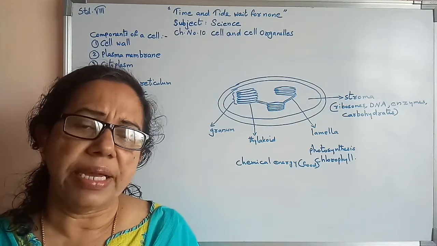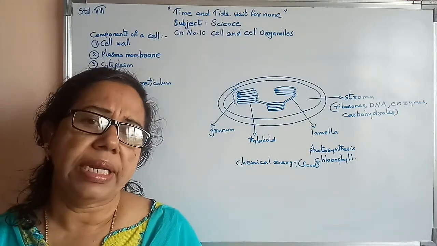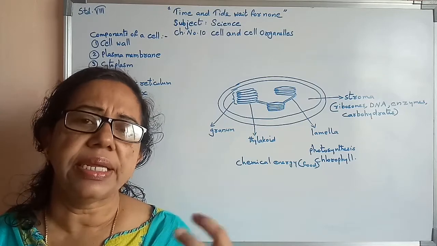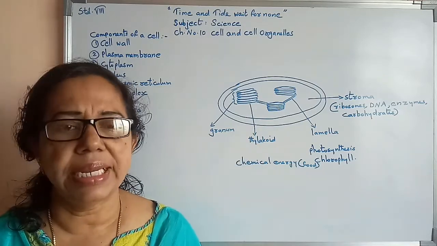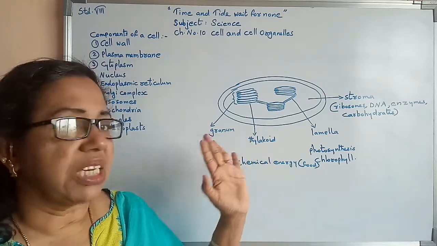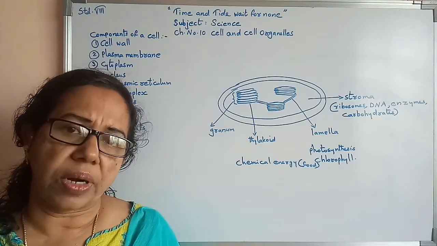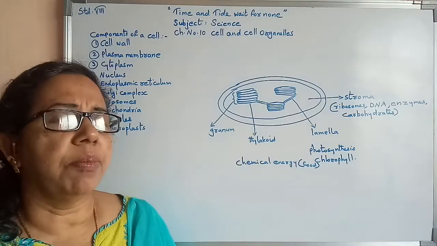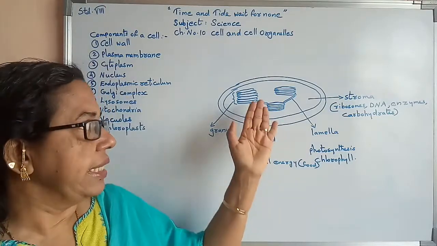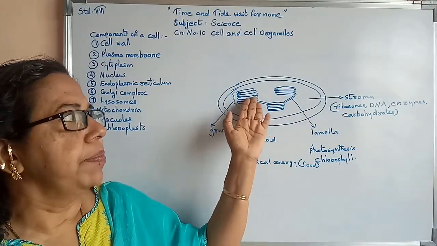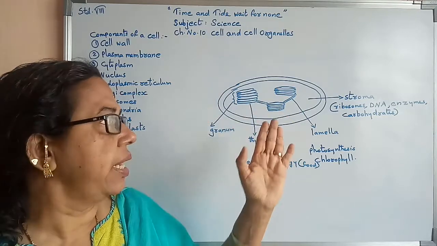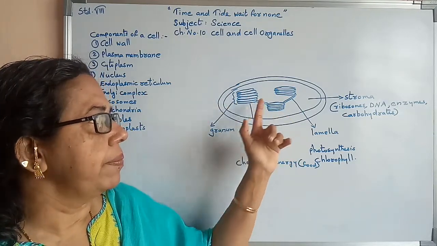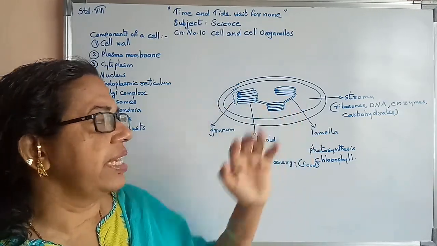So inside the plant cell, a number of organelles are there. We have studied in detail about each and every organelle. Chloroplast is the last organelle. It is made with the help of a double-walled membrane. Inside this double-walled membrane, we can find granum, lamella as well as stroma.